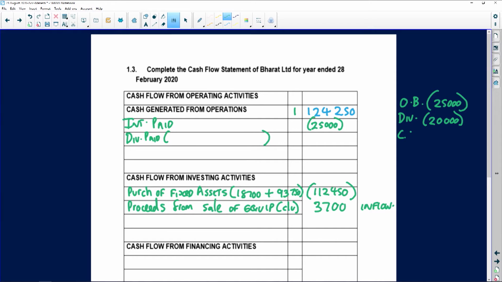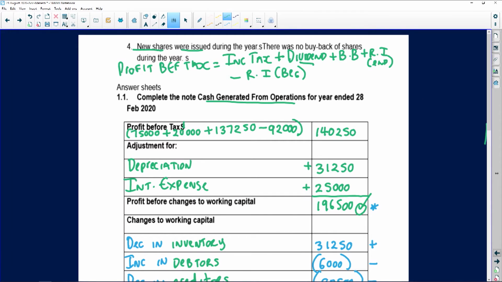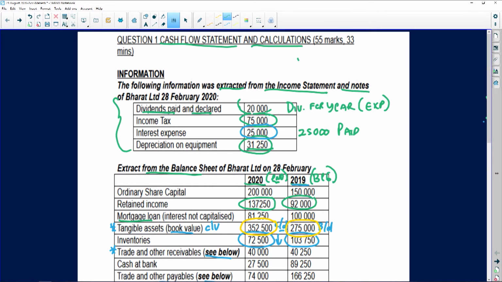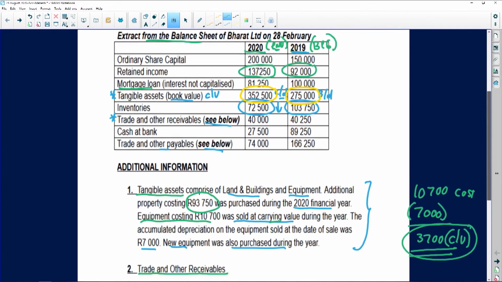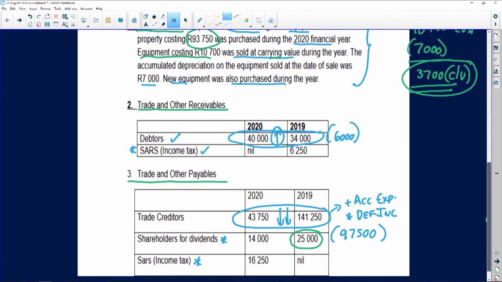Right, closing balance refers to the amount that you still owe your shareholders at the end of the financial year. So remember, at the end of the financial year, how much are you owing? How much did you not pay your shareholders? Let's go back to trade and other payables. The end of the financial year, 2020, is clearly the end of the year. Remember, 2019 is the beginning of the financial year.